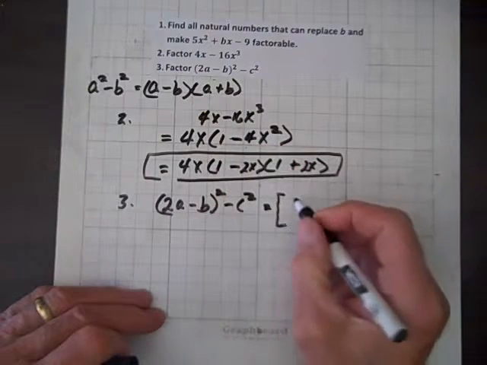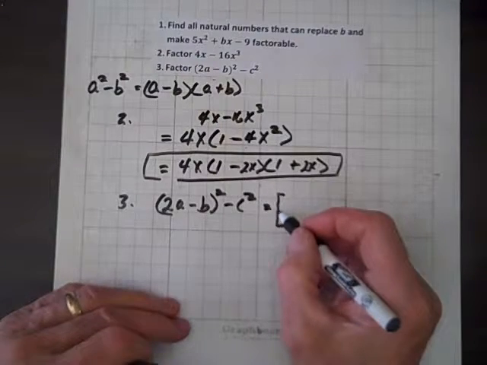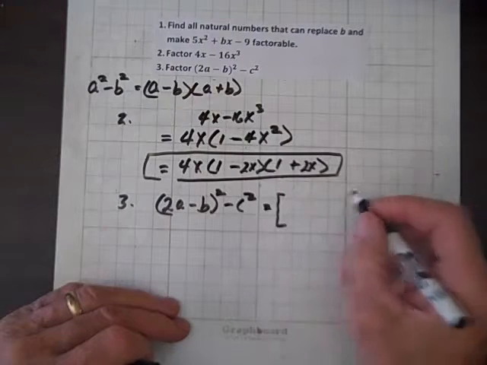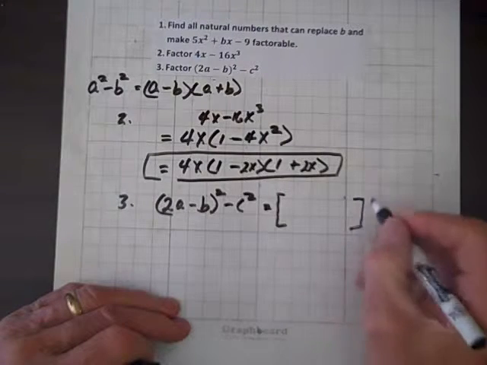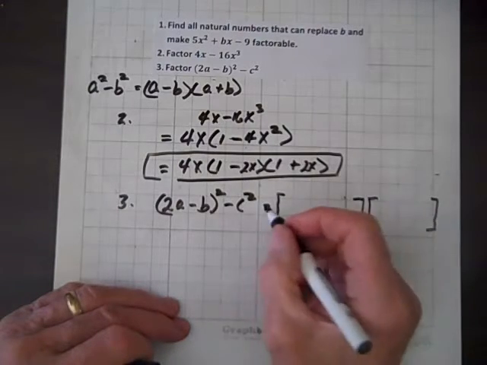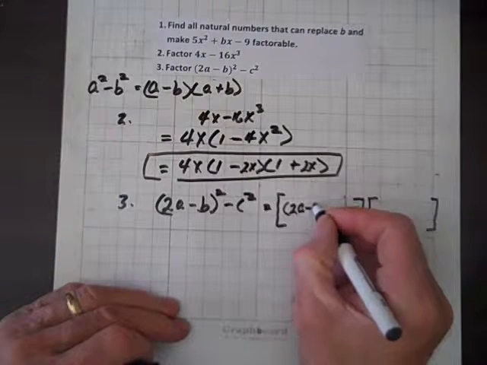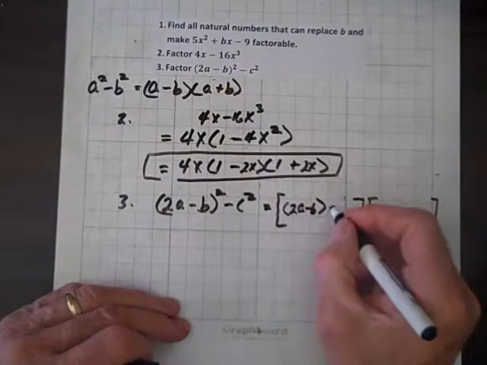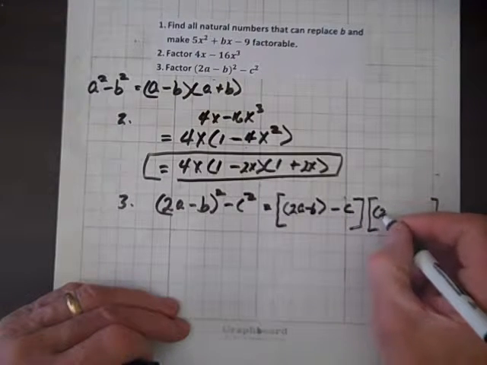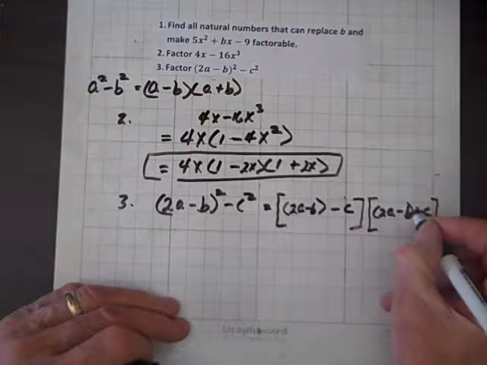So to distinguish brackets and parentheses, I'll use a bracket here and bracket, bracket, bracket. And now inside we'll have parentheses, and we have 2a minus b minus c and 2a minus b plus c.